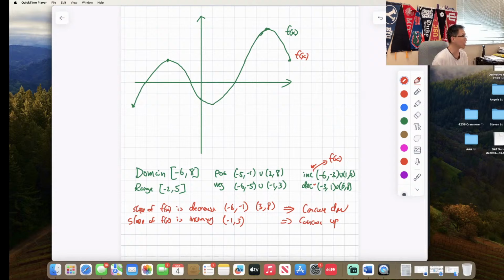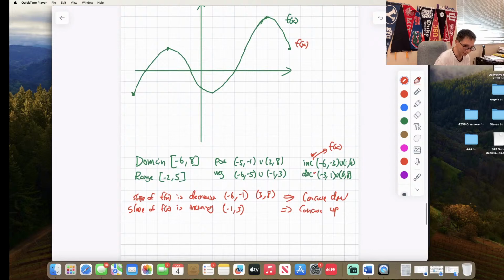Now here is my last question. How many inflection points are there, and where are they? Inflection points are where? -1 and 2. -1 is good, because you can see this point is changing from concave down to concave up.